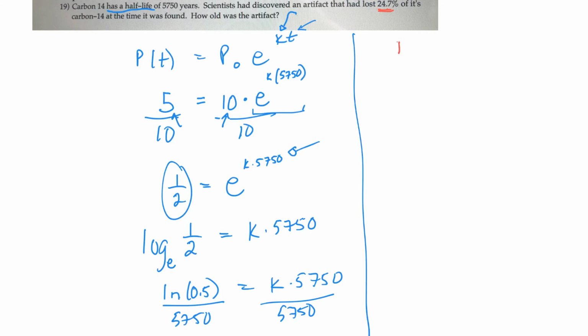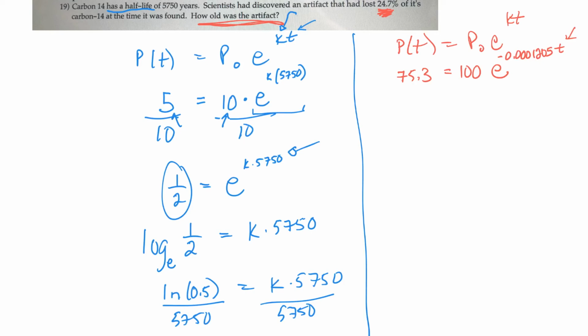Okay, so let's do our P of t equals P0 e to the kt. So I'm winding up with 75.3 because I lost that much. I'm starting at 100%, e, my k value, negative 0.0001205, etc., times t. They want to know how old the artifact is, so I'm looking for t.